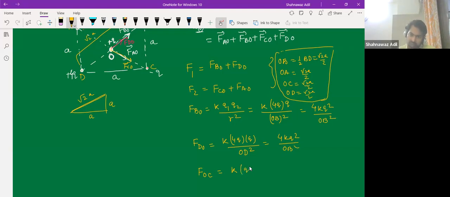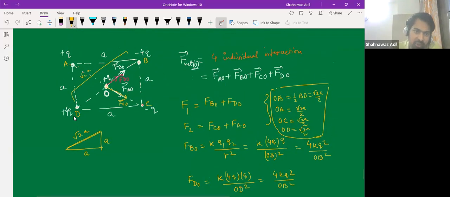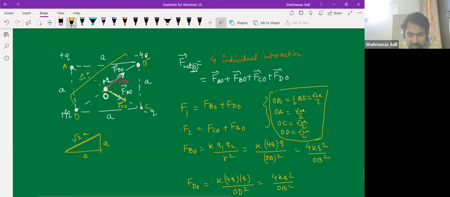The charge on C is Q, and the charge on O is Q. In FDO it's plus 4Q, since D is 4Q and B is 4Q, right?